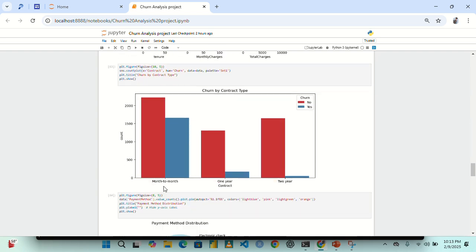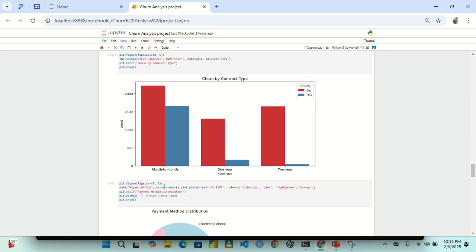Okay, so the next graph we're talking about is churn by contract type. You know what a contract type is, like some customers are contracted for 1 month, 6 months, 1 year, 2 years, and so on. So I made this to see the churn according to contract type. When I see the month to month, there is a more amount of no churn.